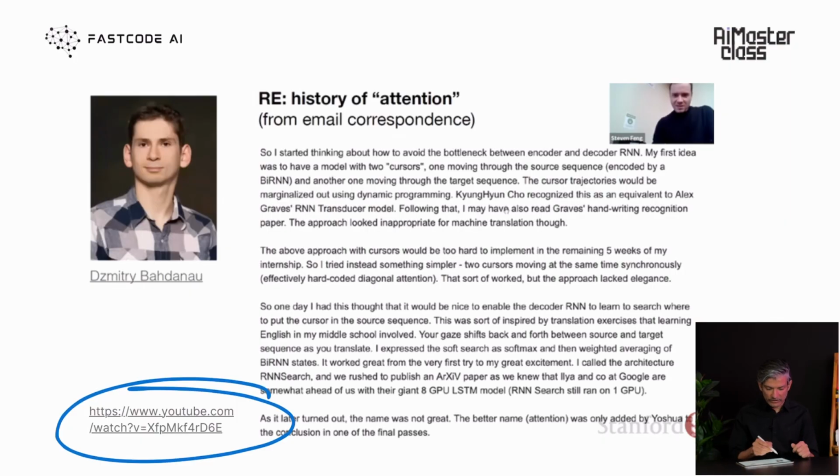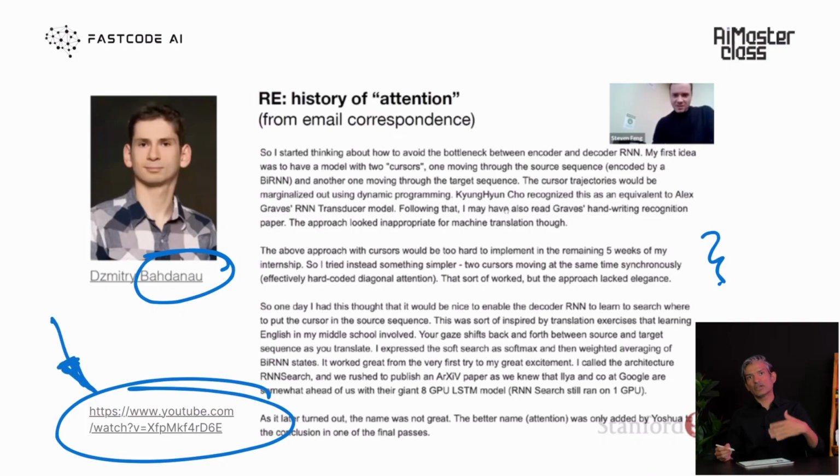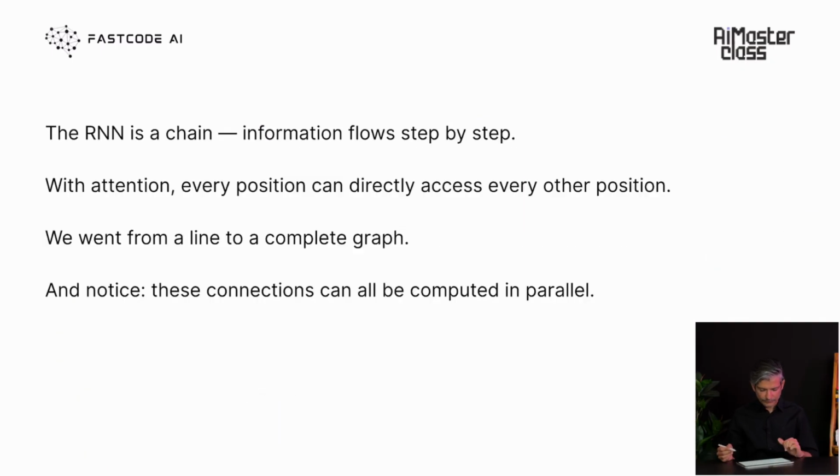He also talks about his correspondence with the author and how this thing came about. For example, here he says, in the above approach, the cursors would be too hard to implement in the remaining 5 weeks of my internship, so I tried instead something simpler, 2 cursors moving in the same direction simultaneously, and so on. It's a very interesting lecture. We'll link it in the rabbit hole section, but if you get time to watch it, it's about an hour long and I have seen it multiple times.